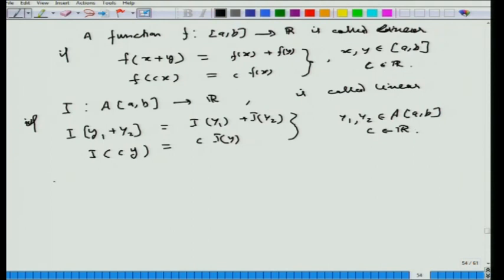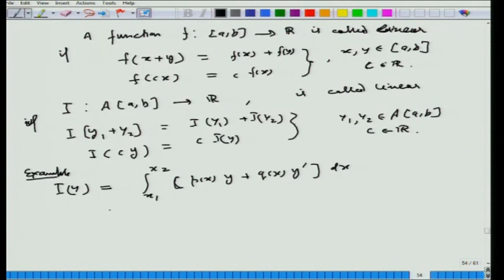For example, this functional I of y equal to the integral from x 1 to x 2 of p x y plus q x y prime dx is linear.